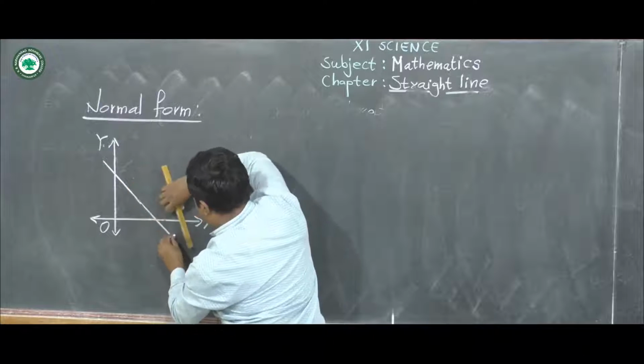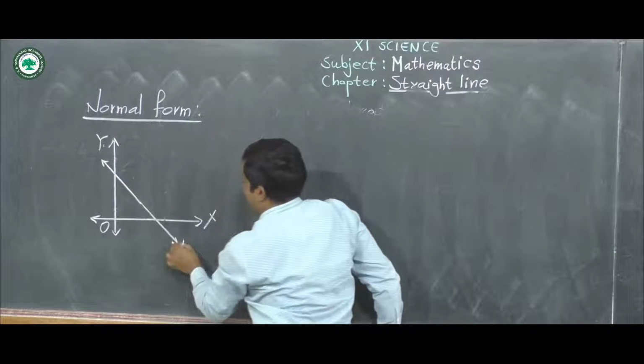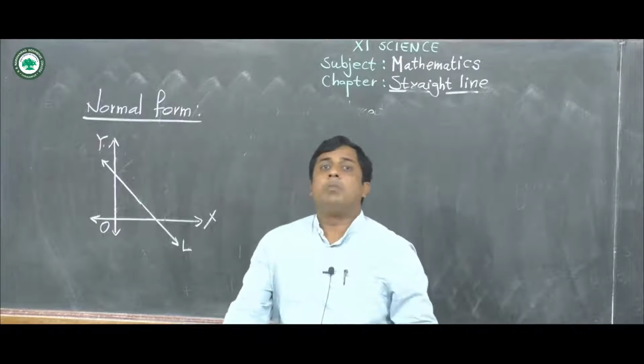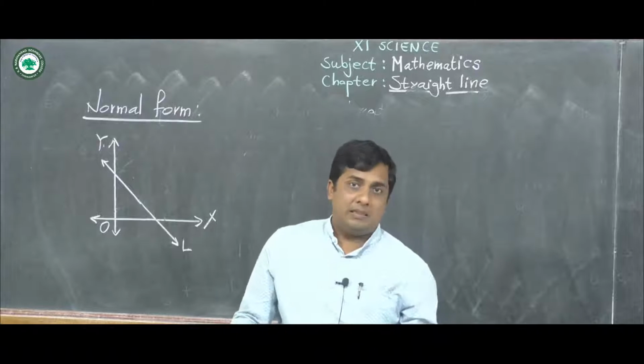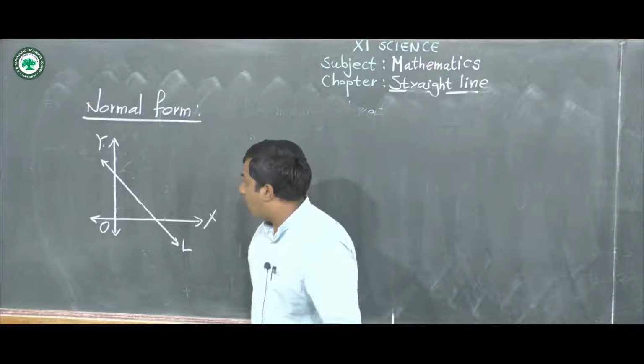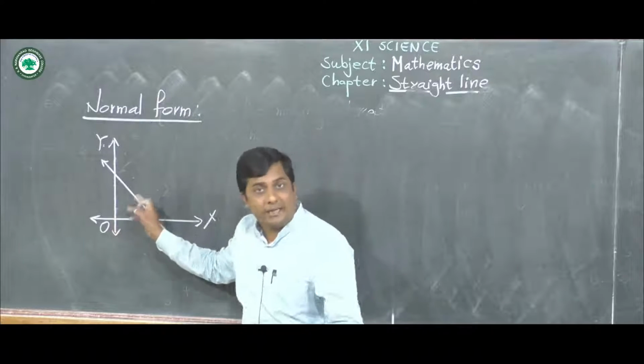This line is L. Here in this normal form, we consider one normal, that is, one perpendicular from the origin to the line.